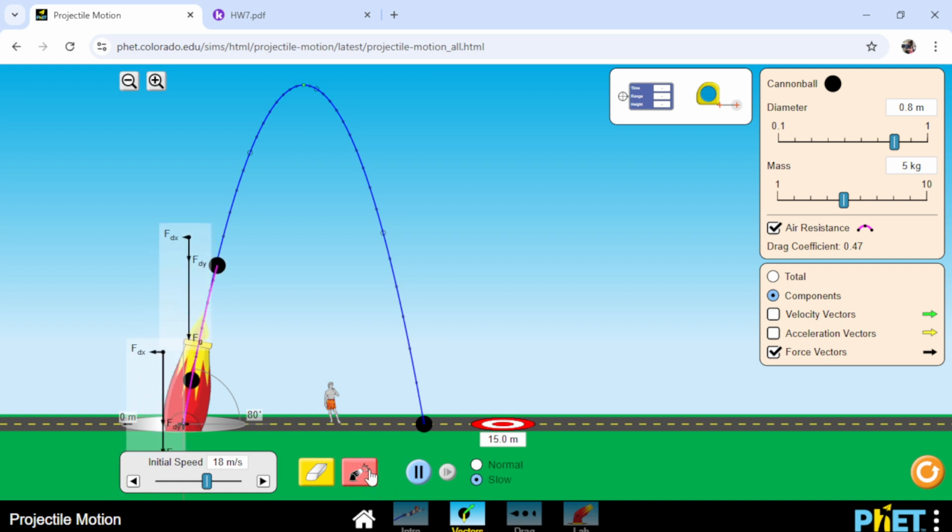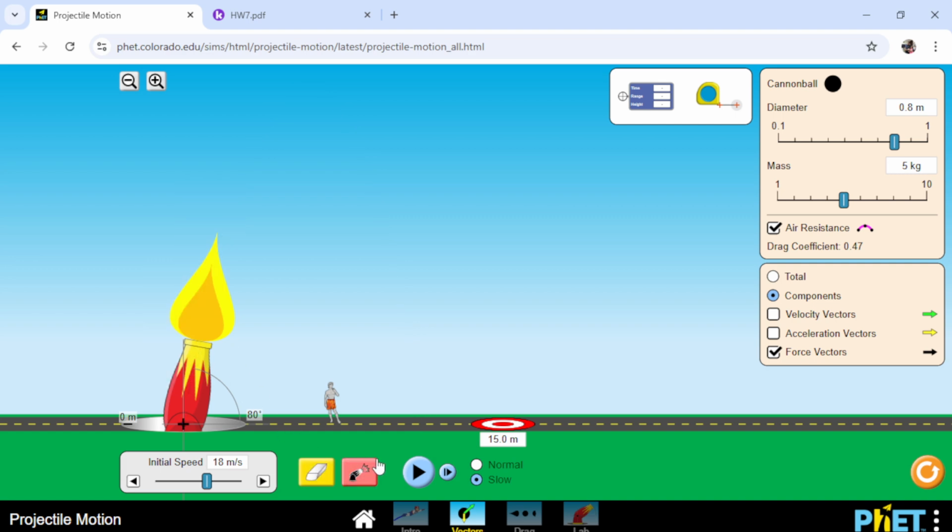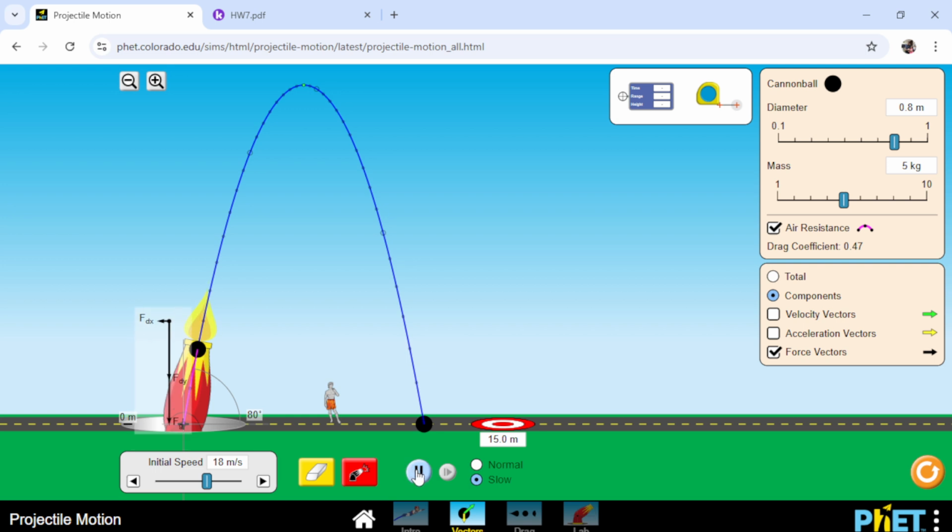I have to release it again, and I will make it again because by mistake I pressed for 2, but I need only 1. So this is the first one: only one force affects the ball. Now we will talk about the second one.